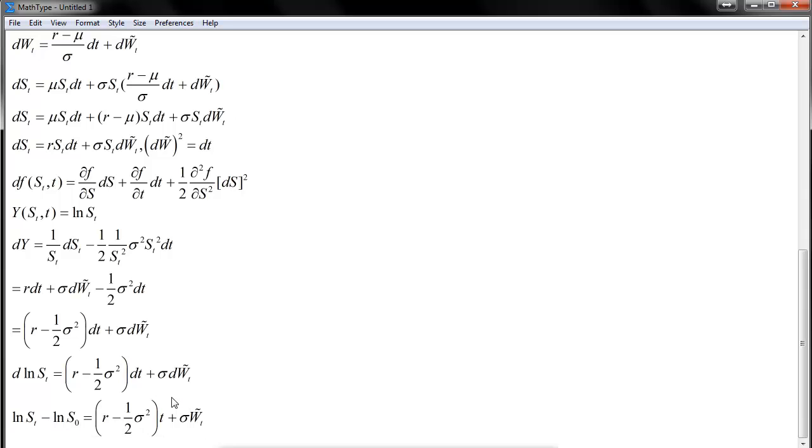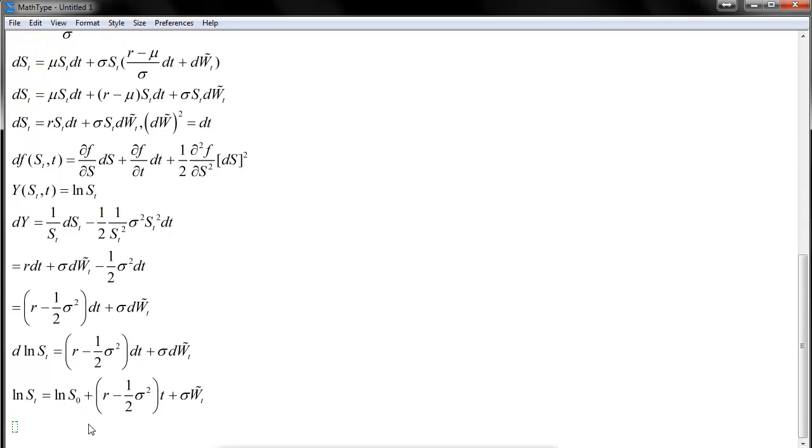I can of course move this to the right hand side, and I create an exponential so that I get rid of the logarithm here.